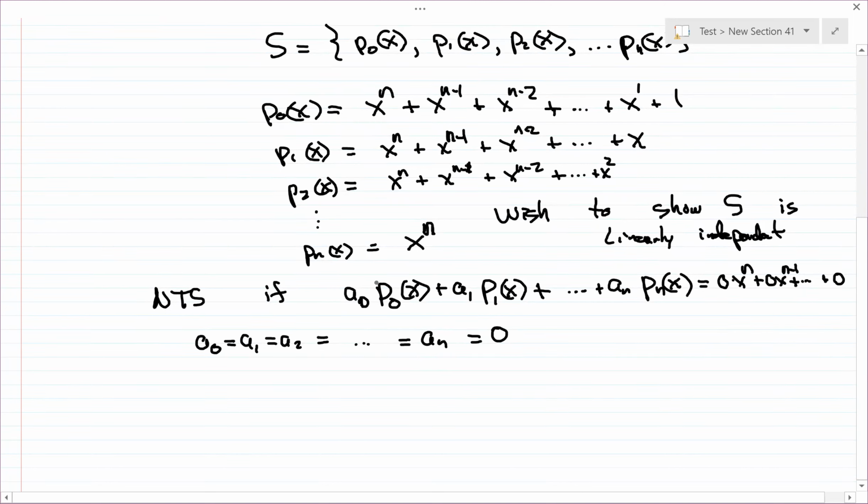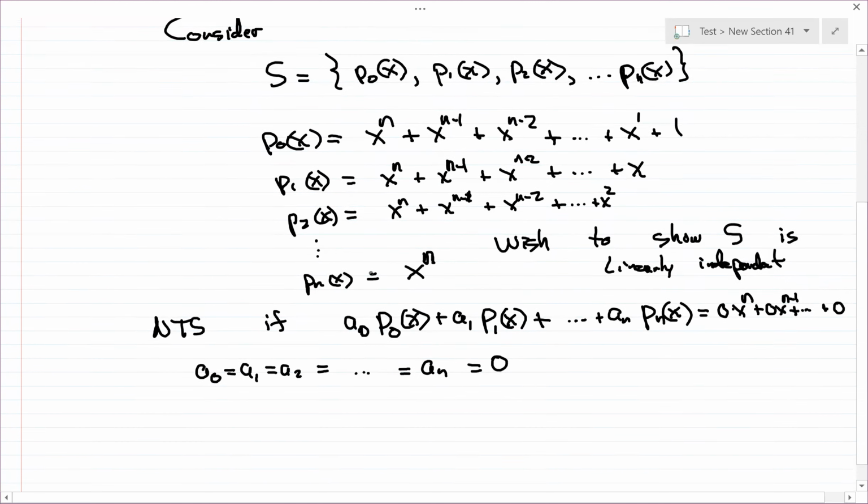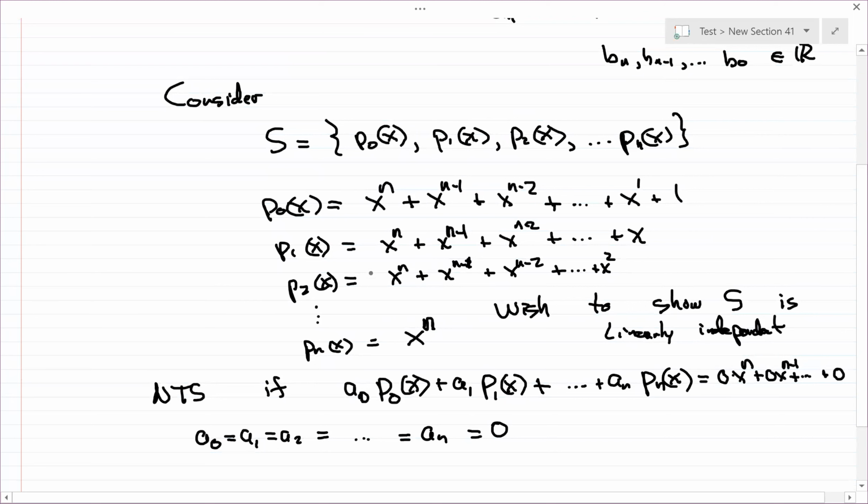Let's look at the components here. Let's look at the constant term. The constant term is only 1 for P0, right?